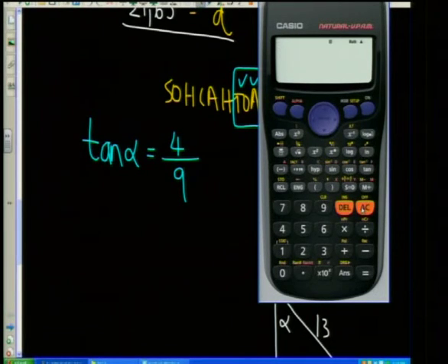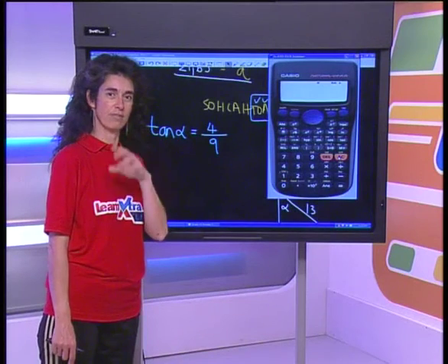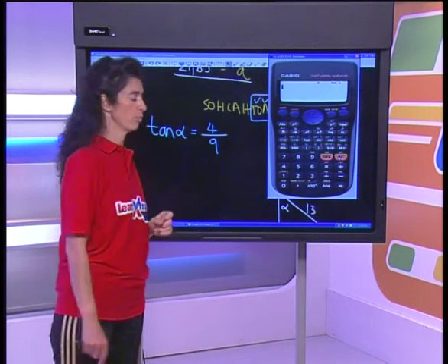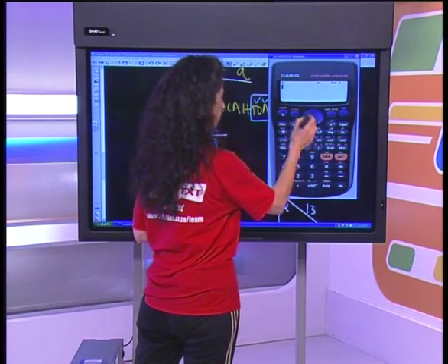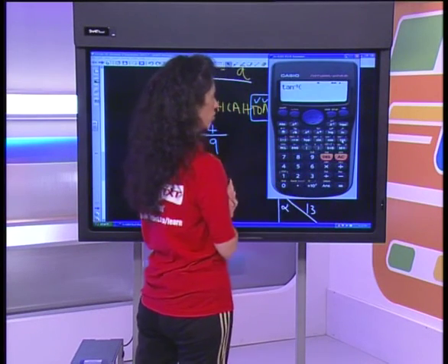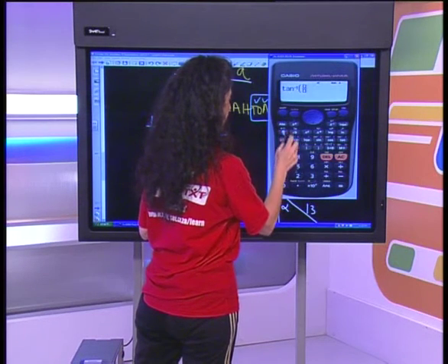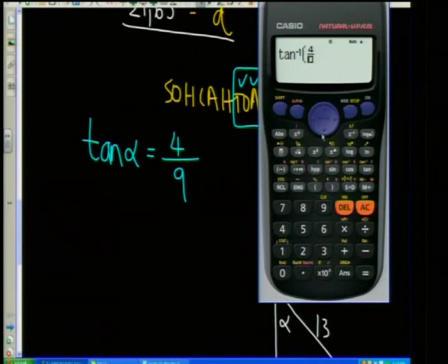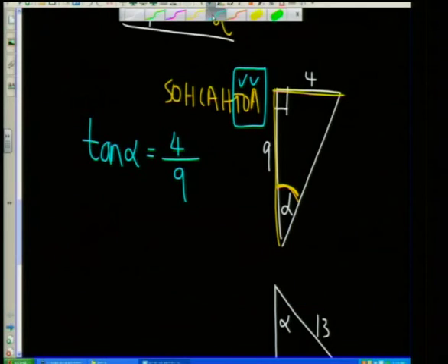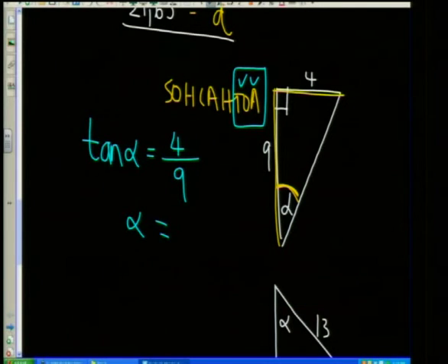Now, you don't need to write down what the button is or what that function looks like. All you need to do is to take your calculator function, so tan to the minus 1, and you need to fill in that we have a fraction 4 divided by 9. And now the calculator will give you automatically what alpha is. So we don't fill in any minus ones. We just use the calculator and write down straight away what that angle is.